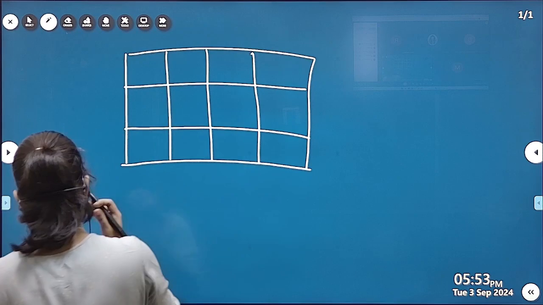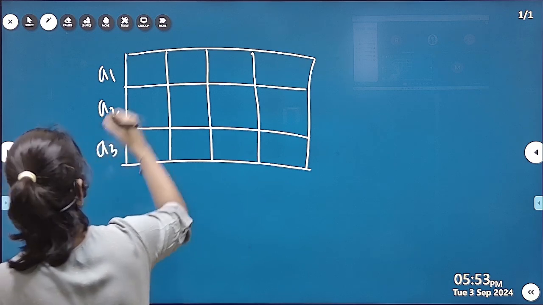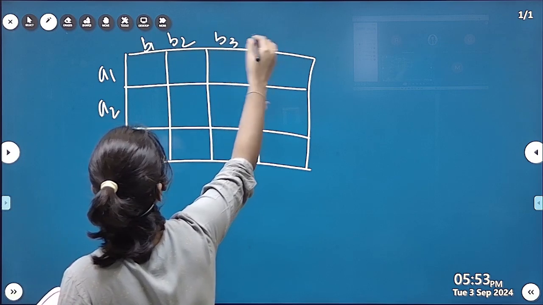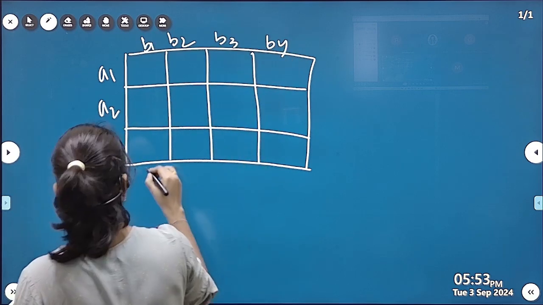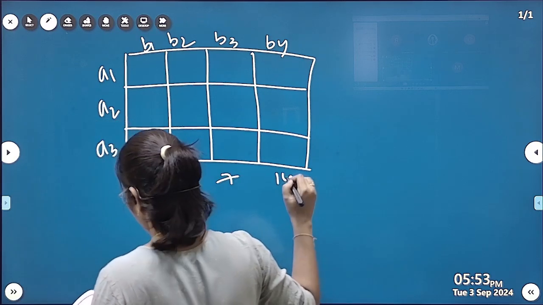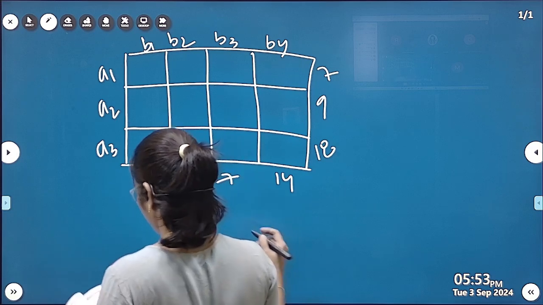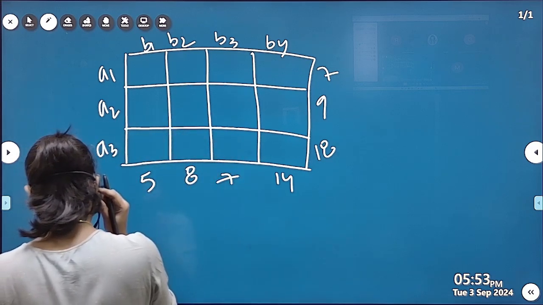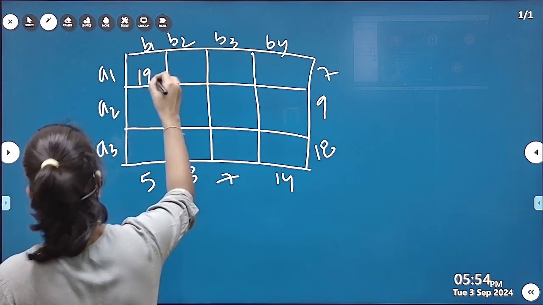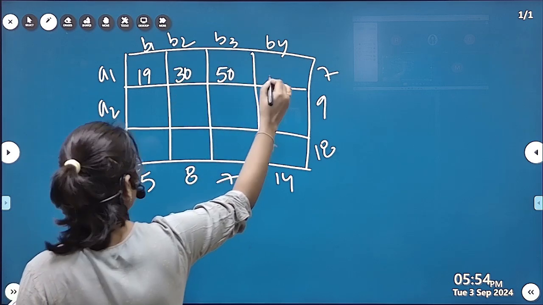Okay. So what is A1, A2 and A3? So this is B1, B2, B3 and B4. So what are the values? 5, 8, 7, 14, and this is 7, 9 and 18. So here 19, 30, 50 and 10.